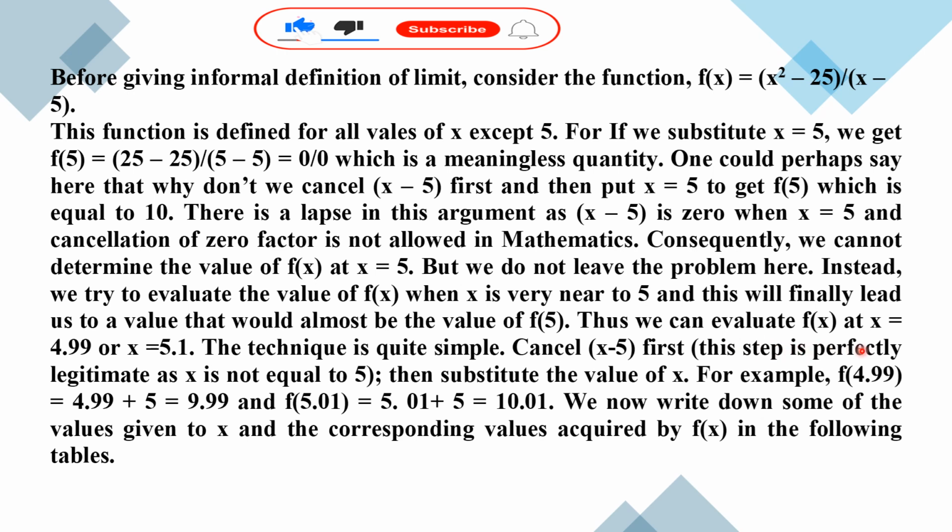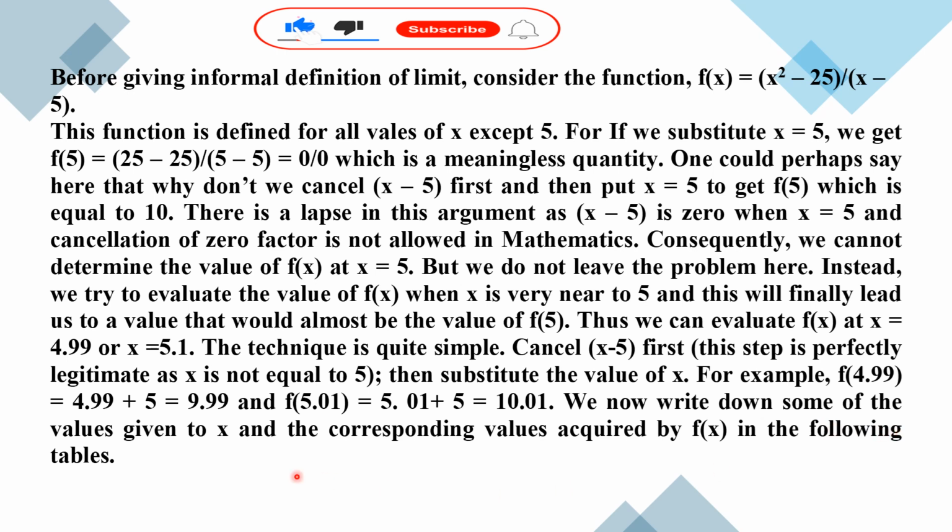Thus we can take x equal to 4.9 and x equal to 5.1. This technique is quite simple. Cancel x minus 5 first, which is permitted as x is not equal to 5. Then substitute the value of x, for example 4.99, into x plus 5. So 4.9 plus 5 gives 9.9, and for 5.01 we get 10.01.